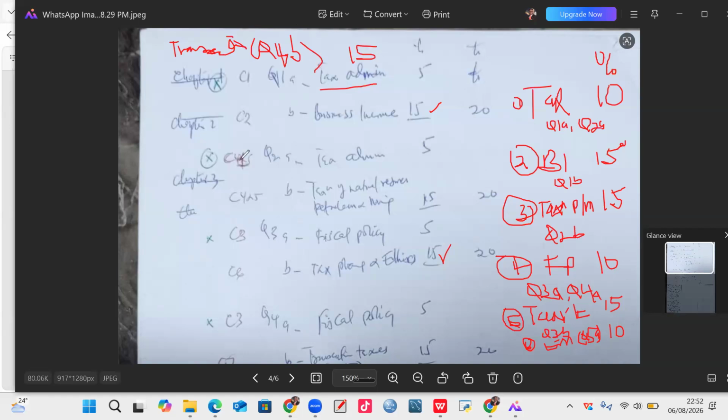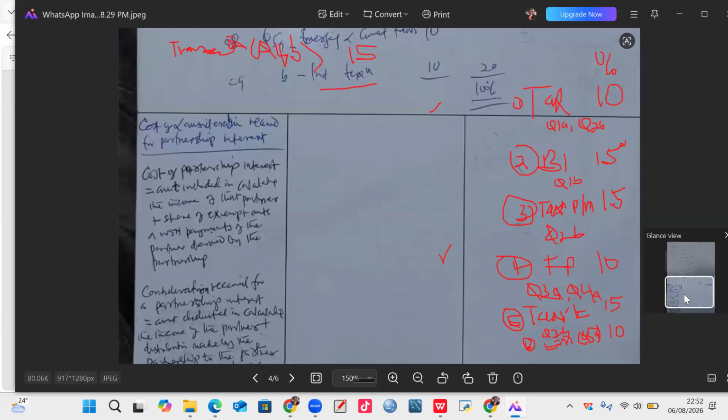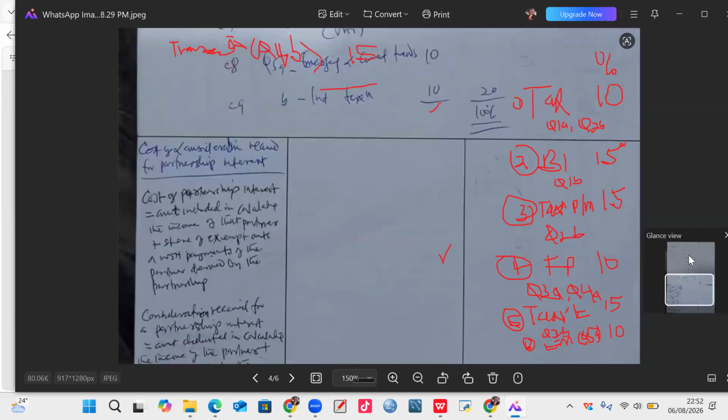Transaction taxes. Let's say a foreigner is transferring money into Ghana, and so many issues. That is 15 marks, our question 4B. Then we have the current trends. Then the last portion, what is the last one? International taxation.